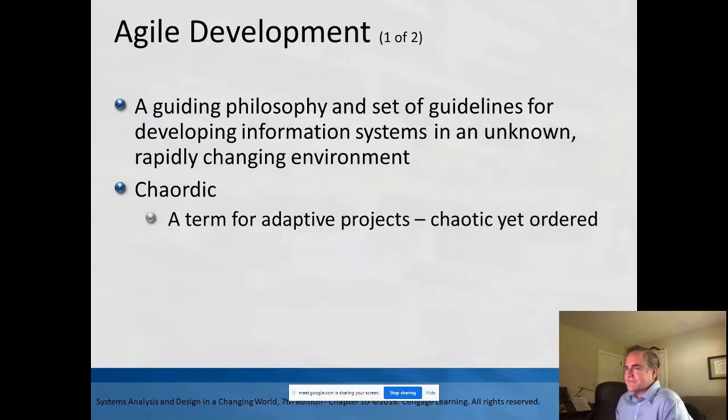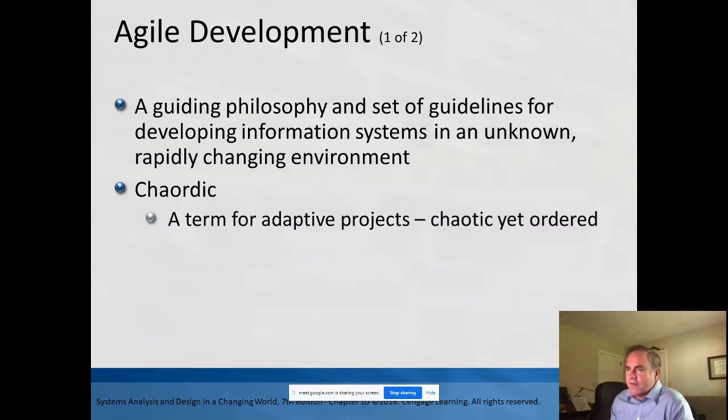All right, let's move into some of these specific ones. So agile development, it is a guiding philosophy. I like that there are specific guidelines. I think the philosophy is a little bit much, but it is what it is.